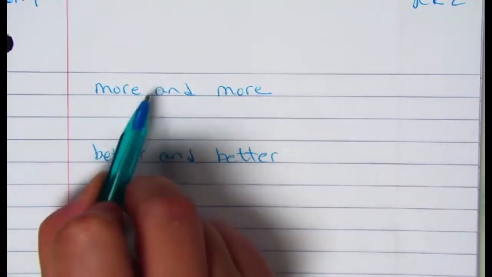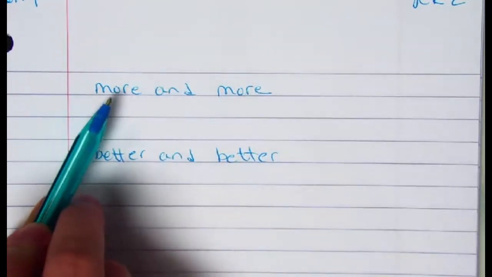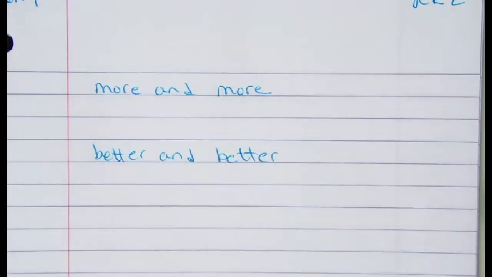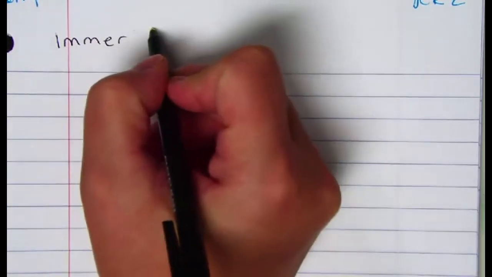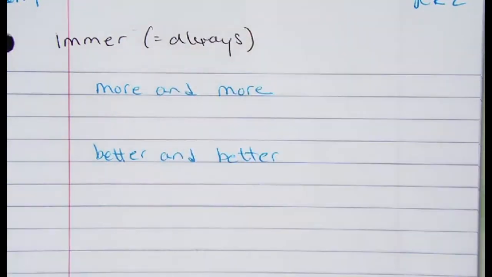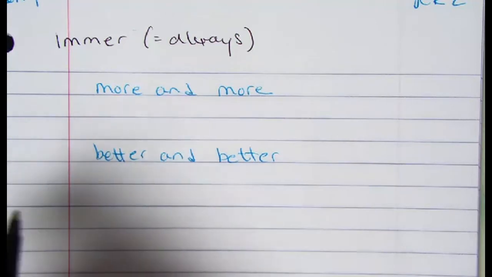Now in German, we don't do this combo, so we wouldn't say more, of course, meaning mehr. We wouldn't say mehr und mehr. Instead of doing it that way, in German we like to use the little word immer, which of course directly translated means always. Okay, so our always is the word that we use in order to make that same point.